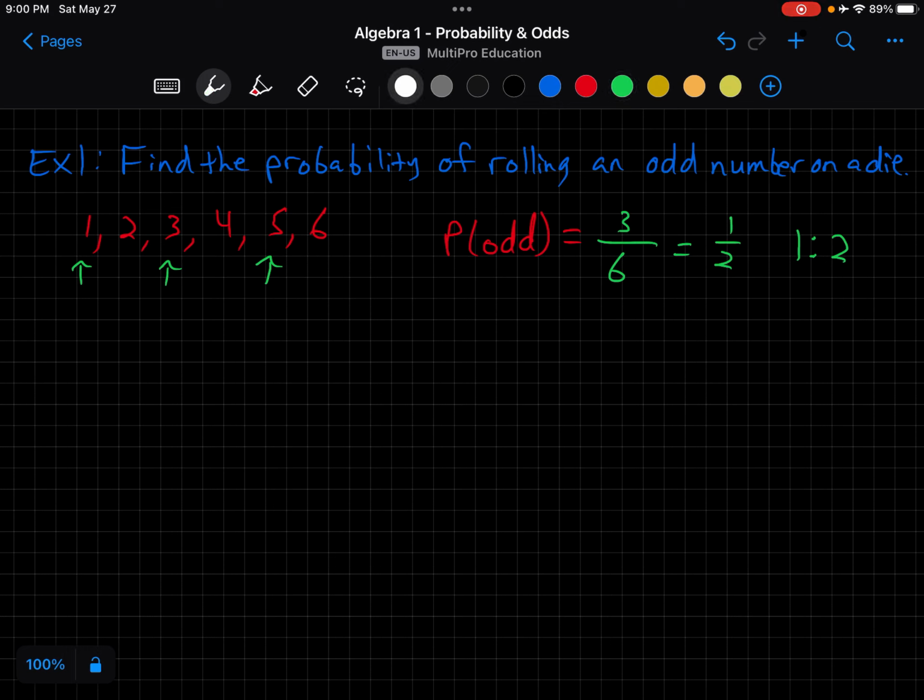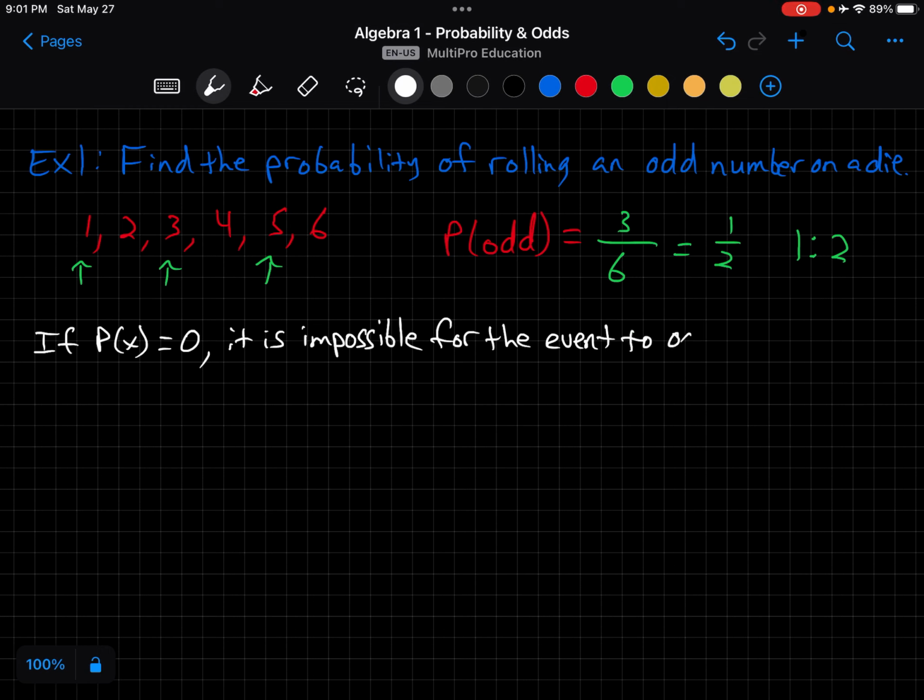Great job. Now let's talk about some more things here. If the probability of x equals 0, it is impossible for the event to occur. Wow. So if the probability is 0, then it's not happening whatsoever.